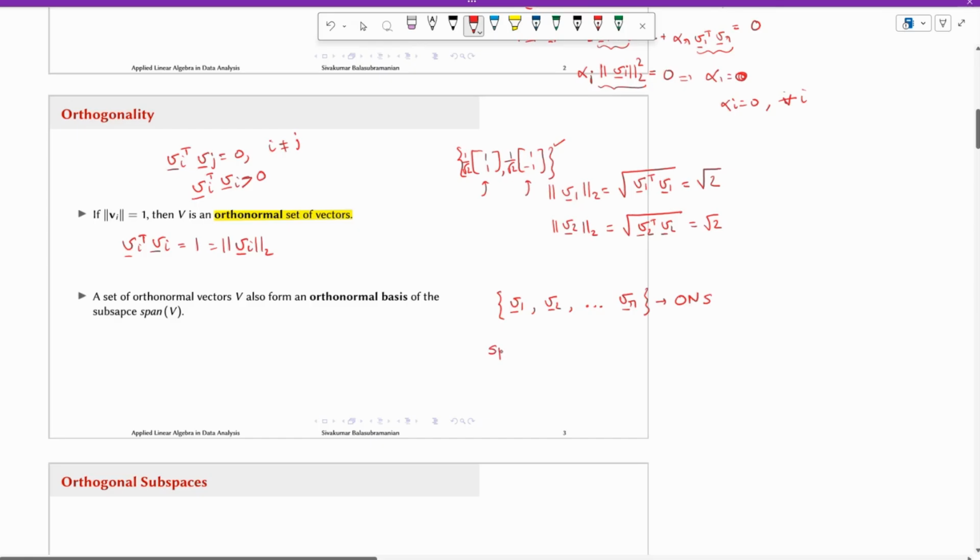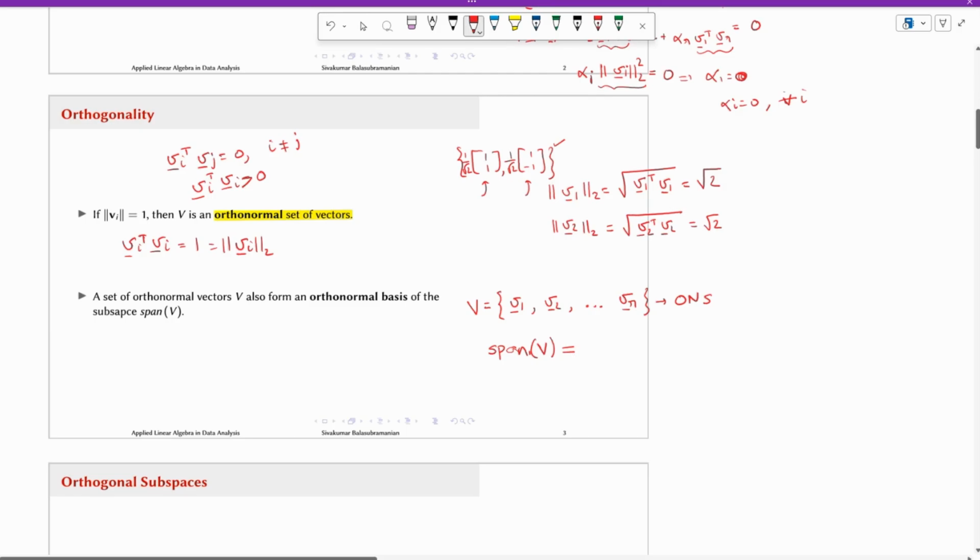Now I do a span operation. I'm going to call this set capital V, span of V. What is the definition of a span of a set of vectors? It's simply the set of linear combinations of the individual elements in the set.